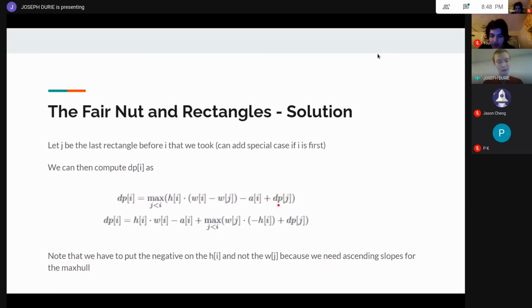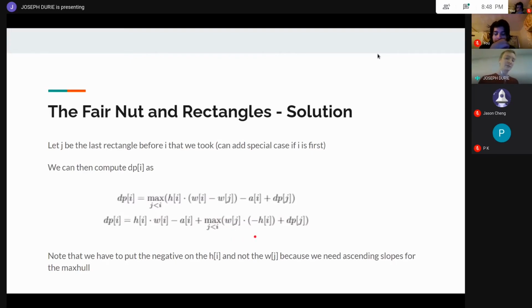We can manipulate this and pull out all the terms that don't contain a j, and we get this form here, where you have hi times wi minus ai outside, and then it's actually a much nicer formula than we had last time inside here, because the intercept is just dpj and the slope is just wj.